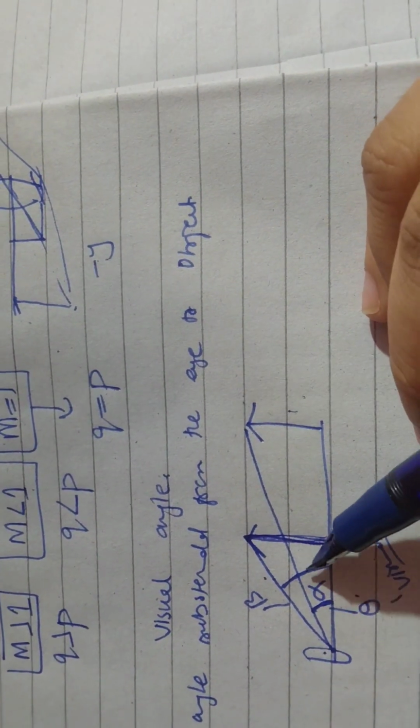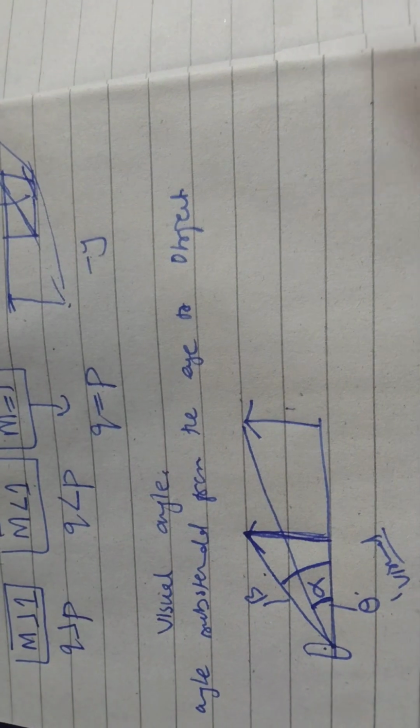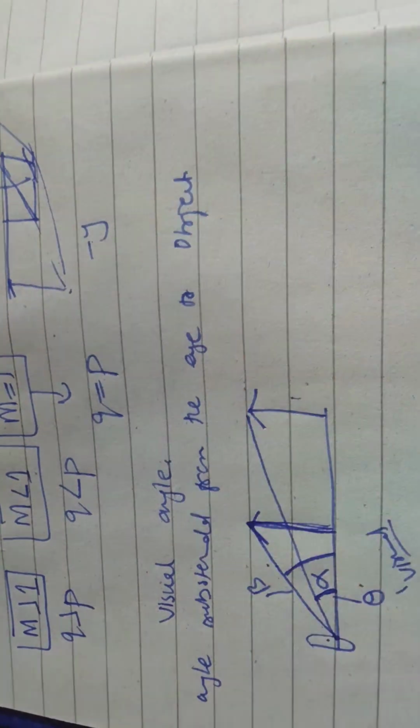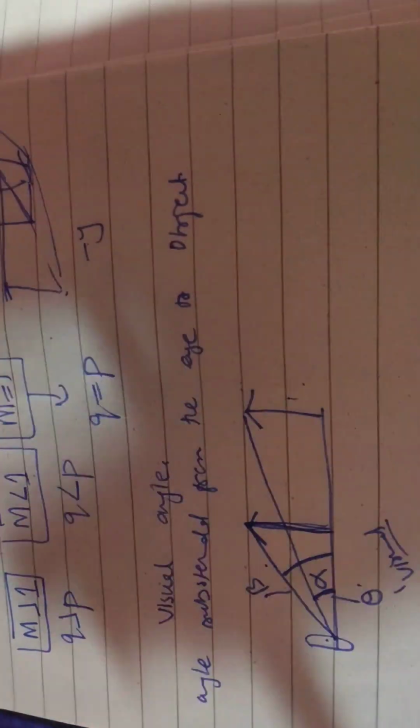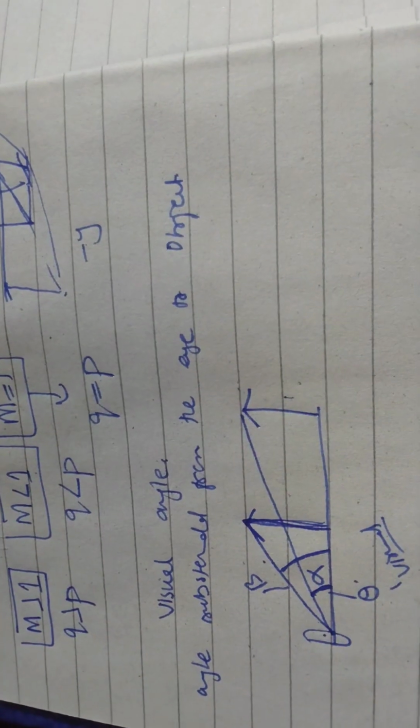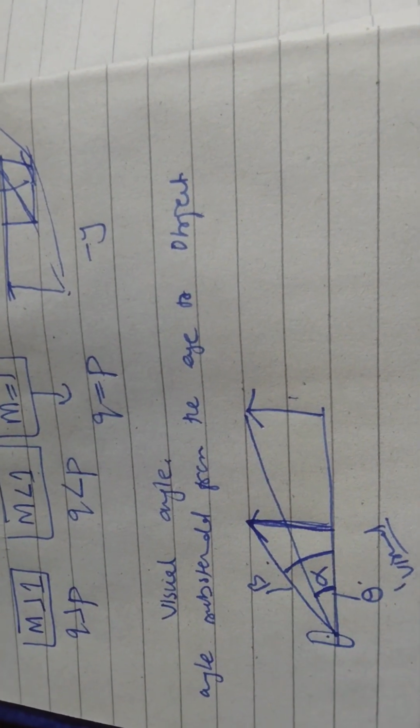And this alpha is the visual angle of the object, which is placed at a minimum distance of d, which is 25 centimeters, the distance where we can get the maximum visual angle, because after that the object will be quite blurred to us.